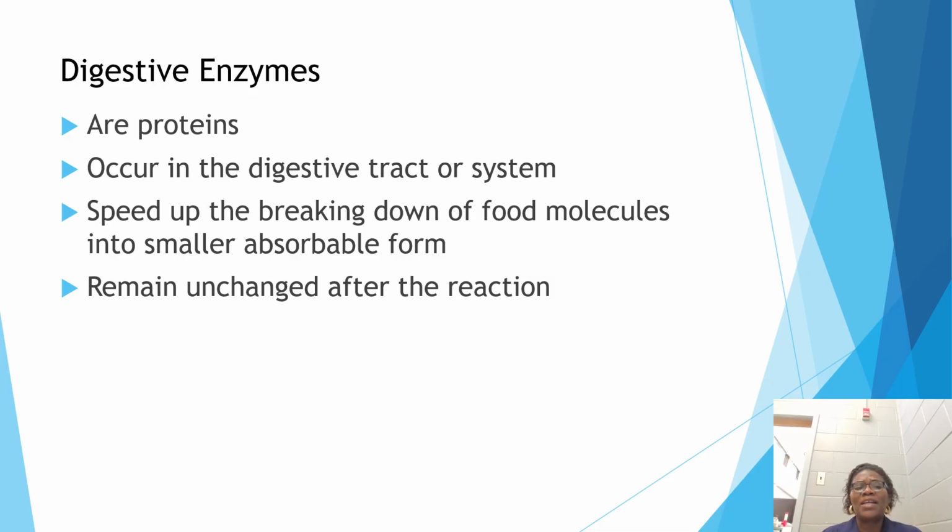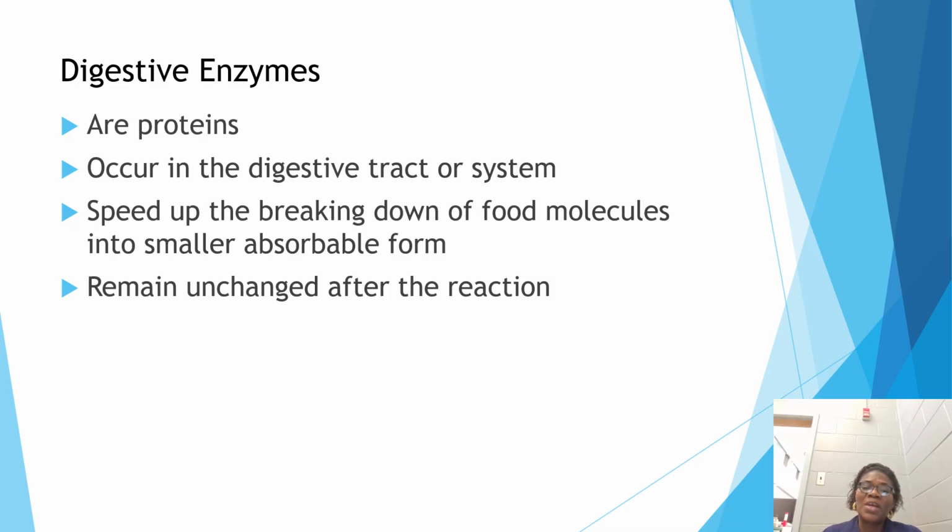Now, what do we mean by digestive enzymes? Digestive enzymes are proteins, just like ordinary enzymes, and they are the enzymes that are present in the digestive tract. That is, they are present in the digestive system, and they help to speed up the process of breaking down food substances into a form that could be absorbed, that could be taken up by the body.